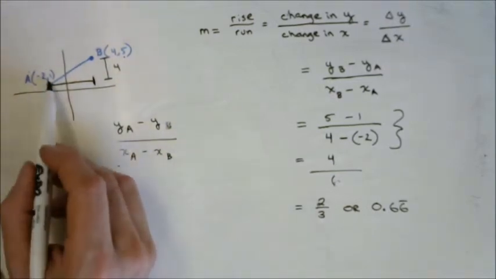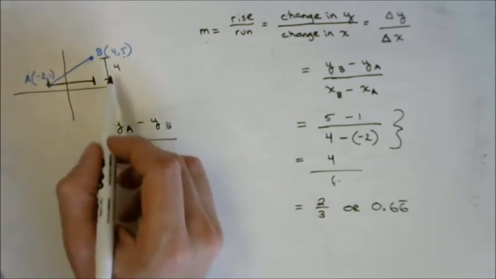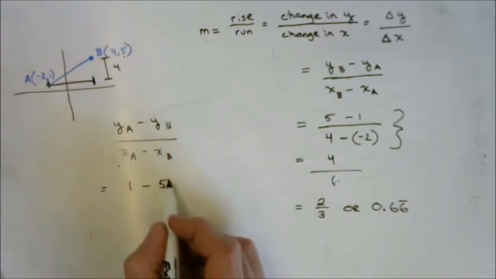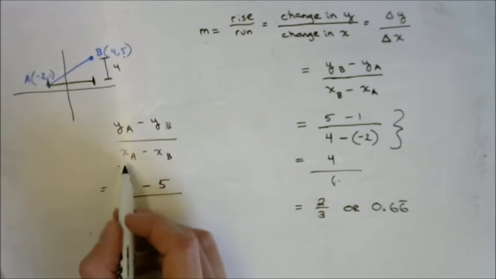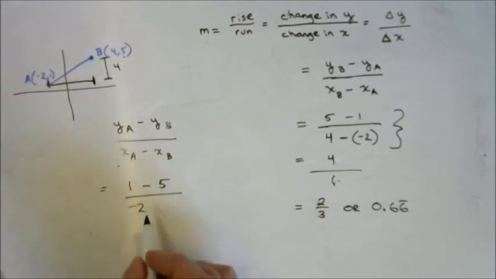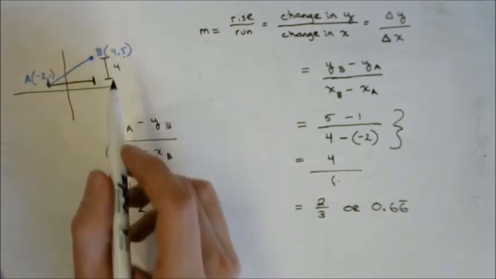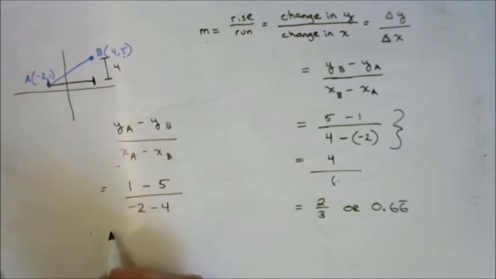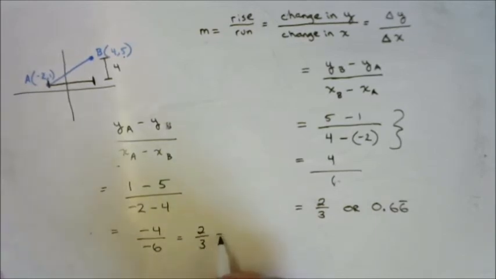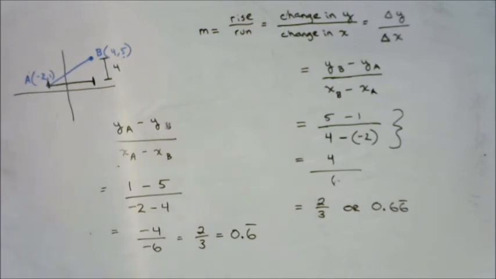The y coordinate of A is 1. The y coordinate of B is 5. The x coordinate of A is negative 2. And the x coordinate of B is 4. It's the same thing. Negative 4 over negative 6, which equals positive 2 over 3, or 0.66. So one way takes you to negative, and the other way takes you both positive.